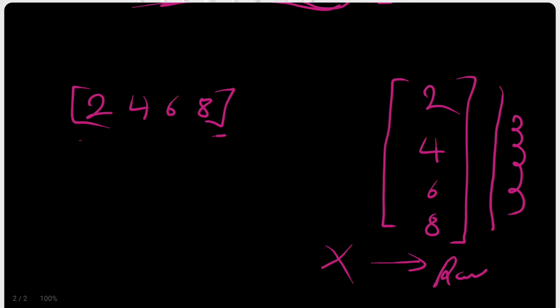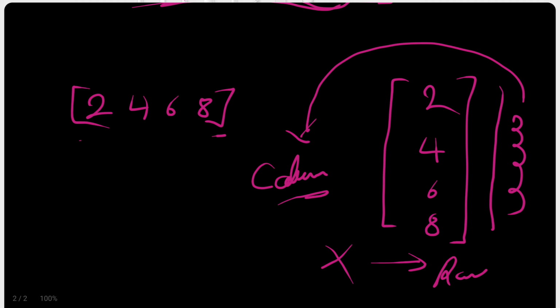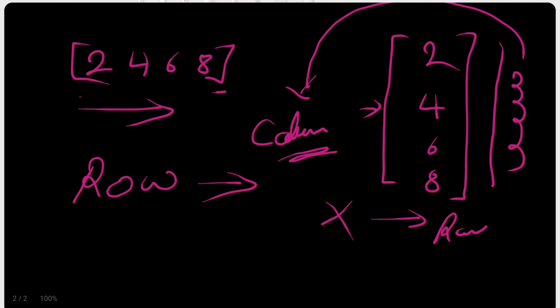So we can say that it is our column matrix. This is our column matrix and this is a row matrix. Is it clear? The row and column matrix. So you know row means like that and column means like that.